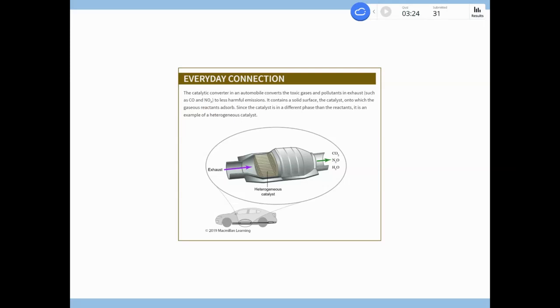A heterogeneous catalyst is a catalyst that is in a different phase from the reactants. So here we have a solid catalyst reacting with gaseous molecules, 2 different phases. Phases, we're thinking solid, liquid, gas. So we call that a heterogeneous catalyst. We're going to write that down just to make sure it's written in your notes.